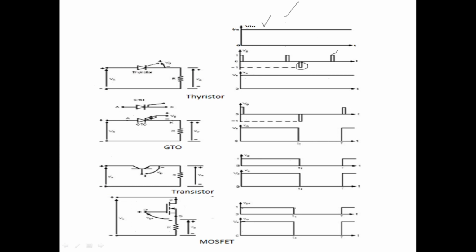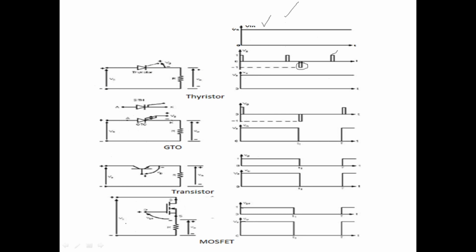If you change the gate source voltage to 0, the channel which had appeared between drain and source will disappear, and there is no path for current to flow from drain to source. So it is acting like an open switch.